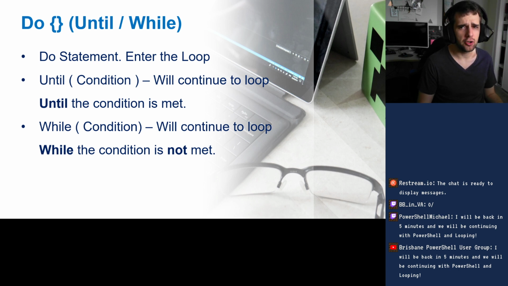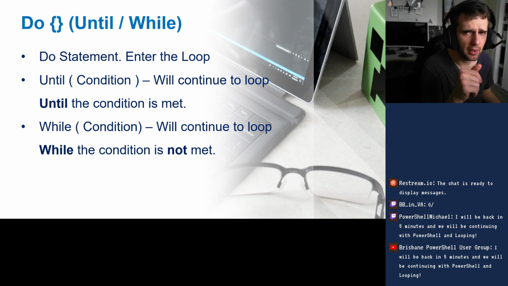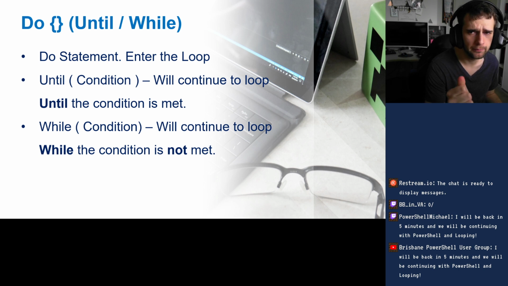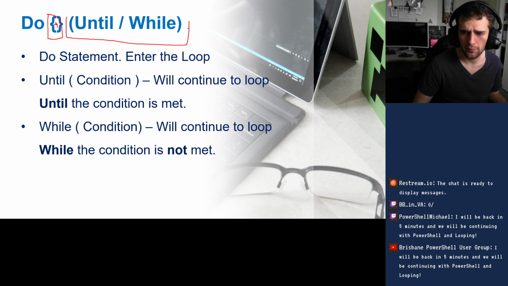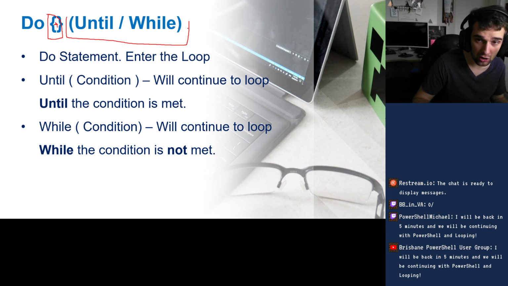The condition is evaluated at the end of the do loop, and the condition can be either a while or an until. So we have our executable code here, we're doing something inside of it, and then at the end we have an until or a while, and that determines how the condition is to be processed.